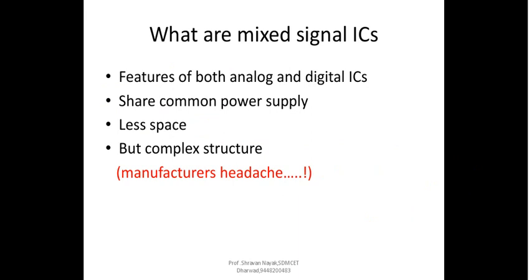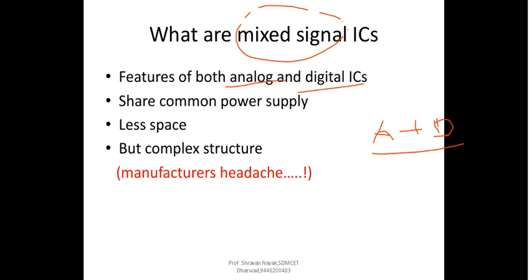The very word mixed signal indicates that signals which are either analog or digital are combined. The analog signals as well as the digital signals are combined here. An IC which has the features of both analog and digital ICs is referred to as a mixed signal IC.